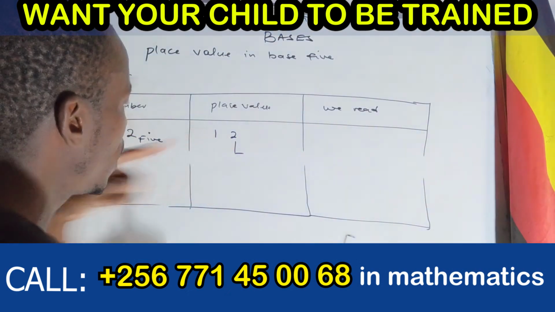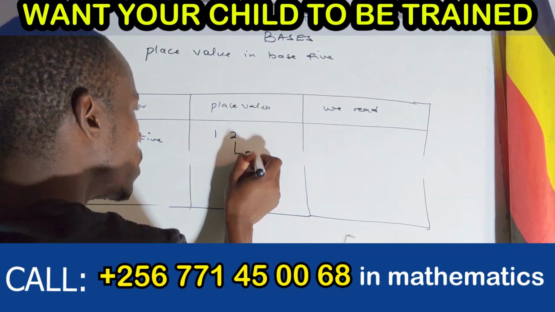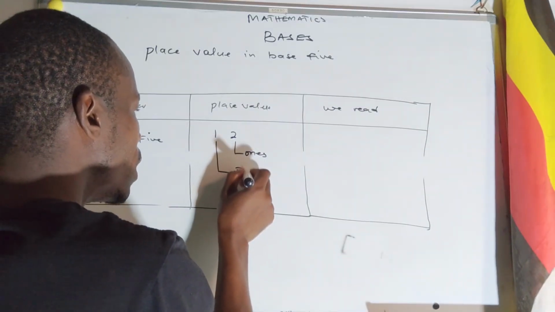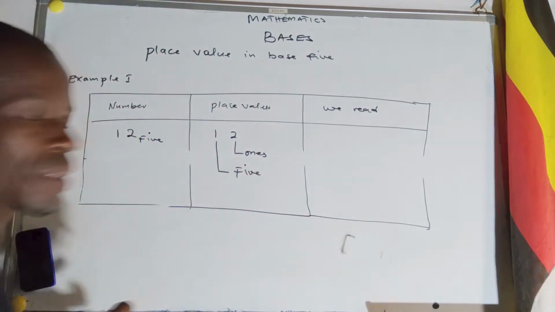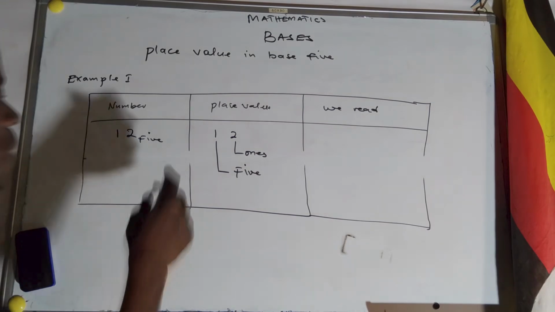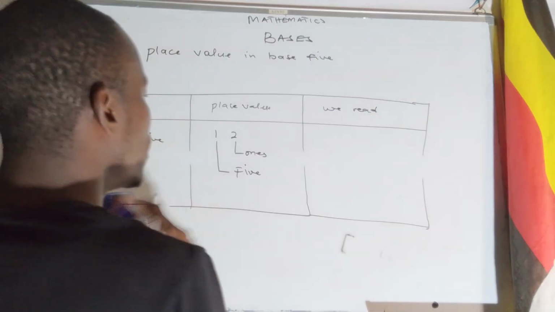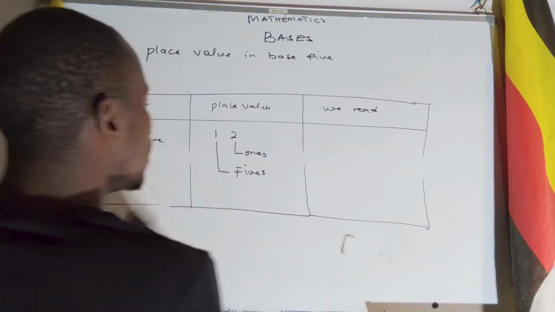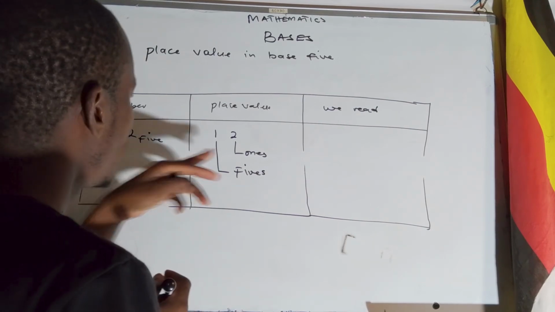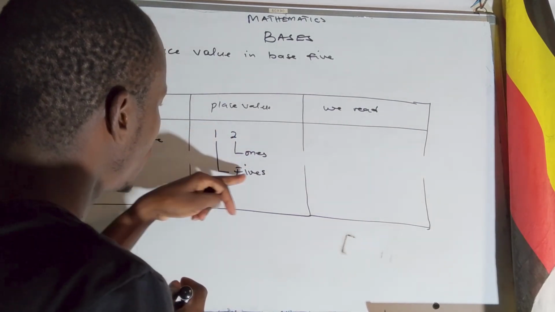So here the first number, we put 1s. Second number, give it 5s. So the place value of 2 you have 1s, 1 you have 5s.